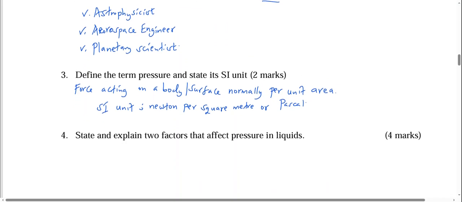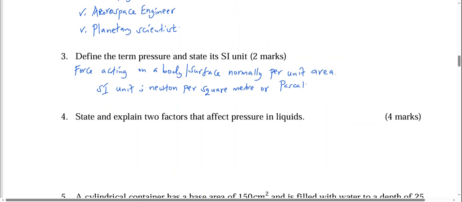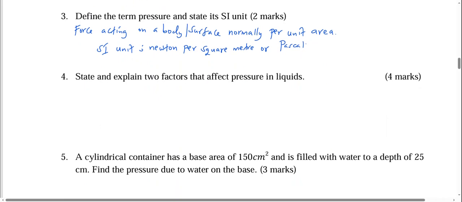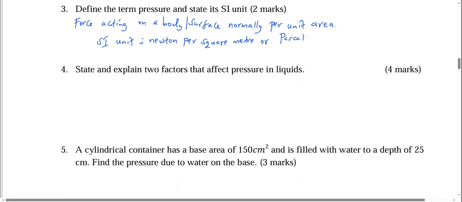Therefore, question number 4, state and explain two factors that affect pressure in liquids. For this case, we have the depth of the liquid. Therefore, how does the depth affect pressure in liquids?